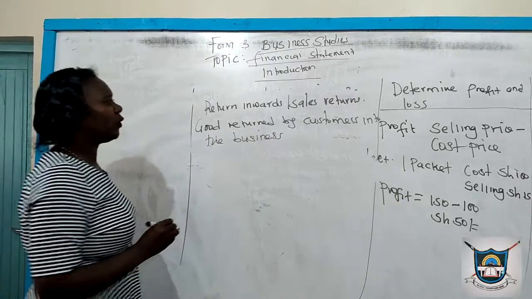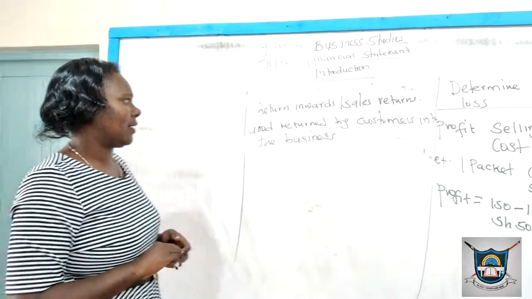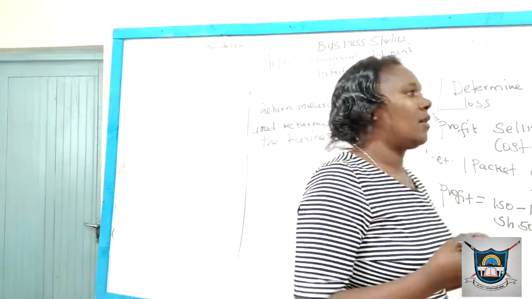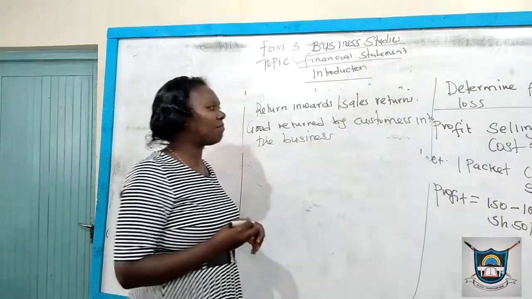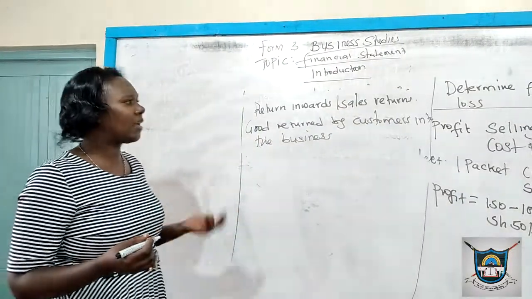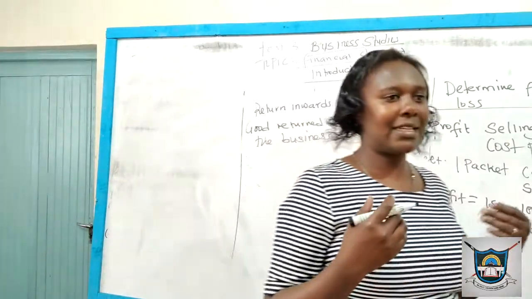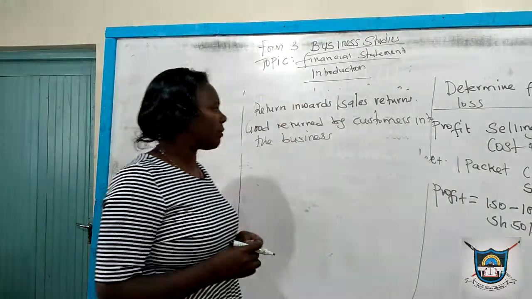In Form 2, we looked at reasons why goods may be returned. A customer buys something, buys sugar, buys a packet of milk, then they return it. Maybe it could be stale, maybe it could be wrong packing, maybe it could be something that he never asked for. So there are several reasons why goods may be returned.